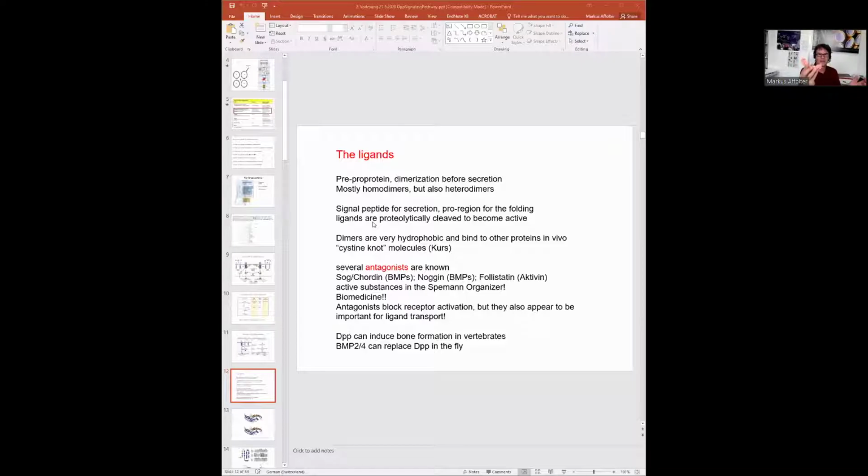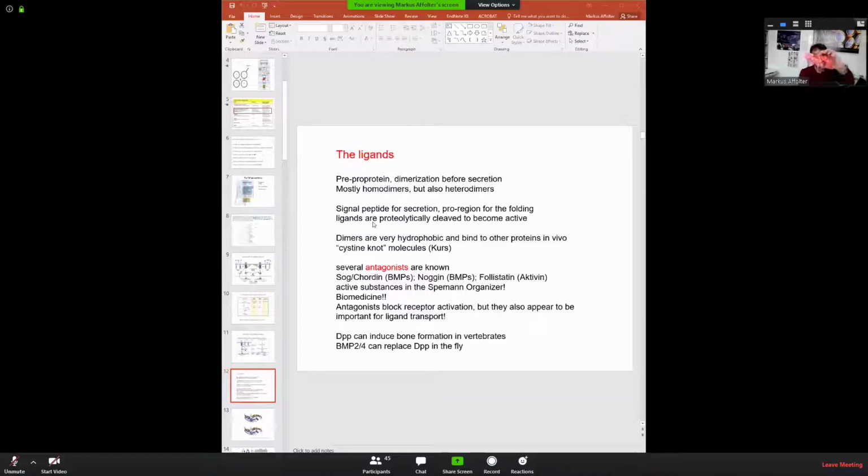And for many TGF-beta molecules, it stays associated then. So it allows this to fold, it allows this to dimerize, and then it remains associated because it's actually a ligand of the ligand.